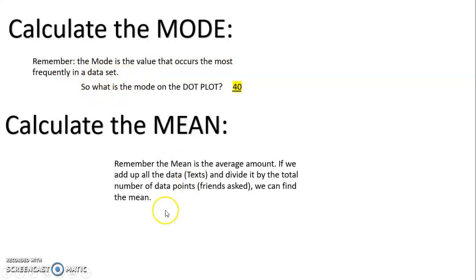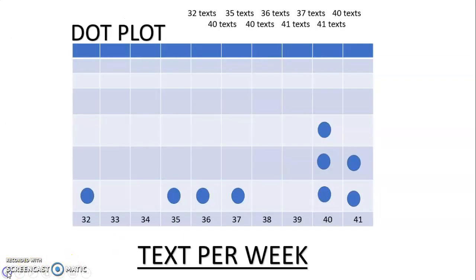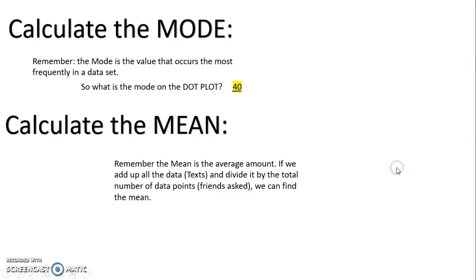So we're going to go back to the dot plot graph and see who had the most text messages. Which is the highest right here? 40. So how many text messages were sent per week the most? 40.